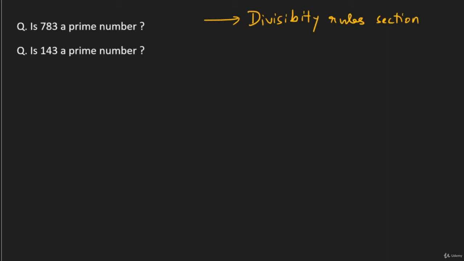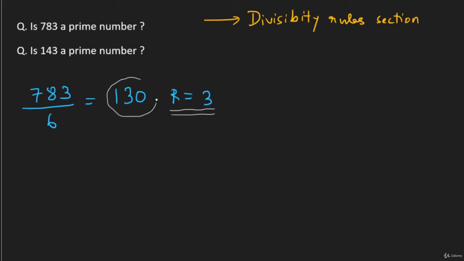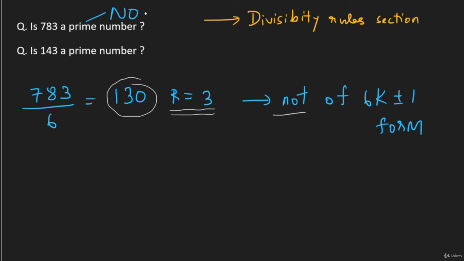Let's take 783. Let me check whether this is of the form 6k plus or minus 1. So 783 divided by 6 gives me a quotient of 130 and I'm left with a remainder of 3, right? If I do this normal division, this is my quotient and I get a remainder 3. Therefore, 783 is not of the form 6k plus or minus 1 and hence it's not a prime number.